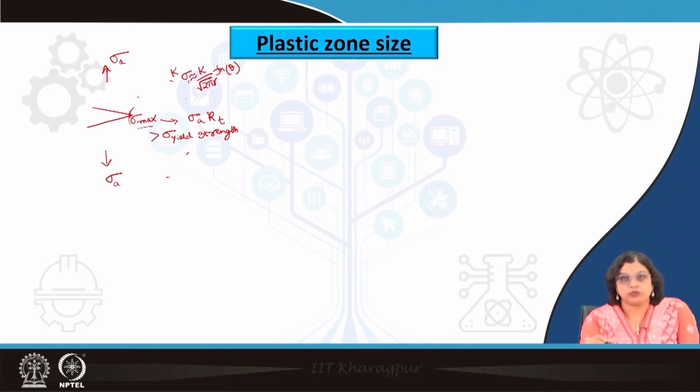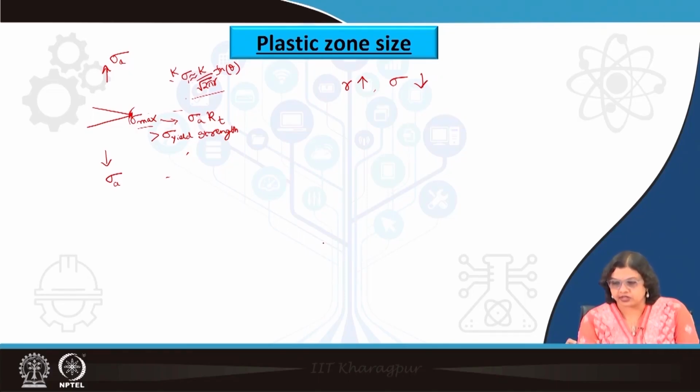But the target would be to find out up to what extent this plastic deformation will continue, because as per this relation, at the crack tip the stress value will be very high, but as r increases, that is as we move away from the crack tip, K or sigma is going to reduce. So, it follows a decreasing trend as we move away from the crack tip. Accordingly the plastic zone size will also be restricted up to a certain level.